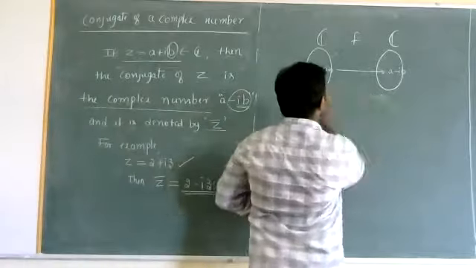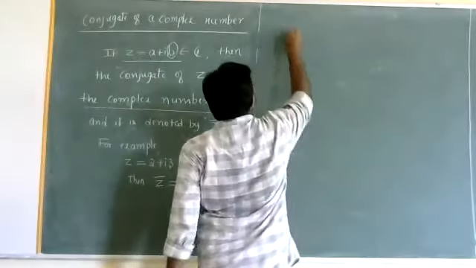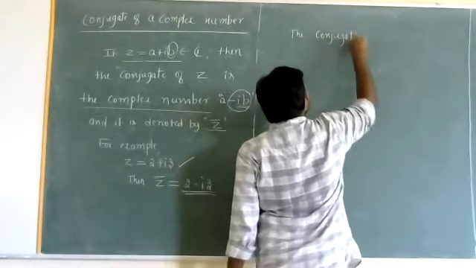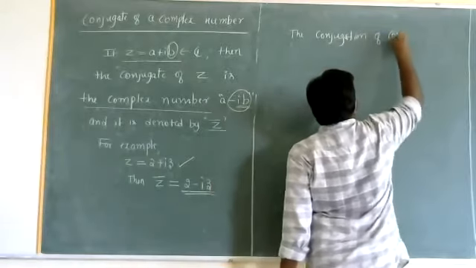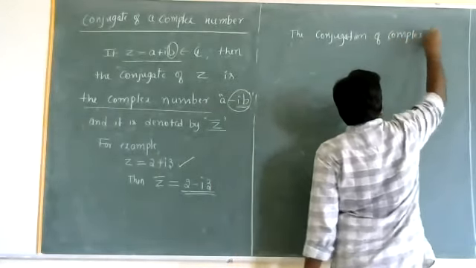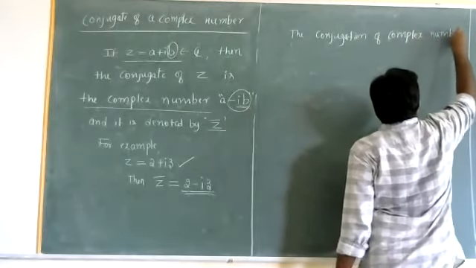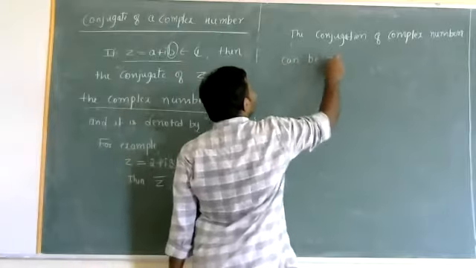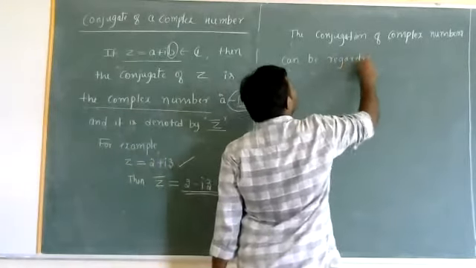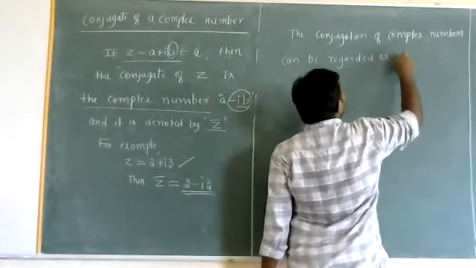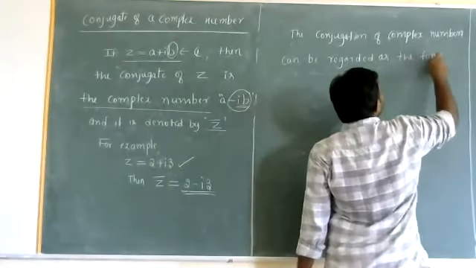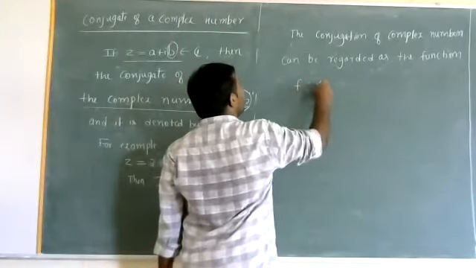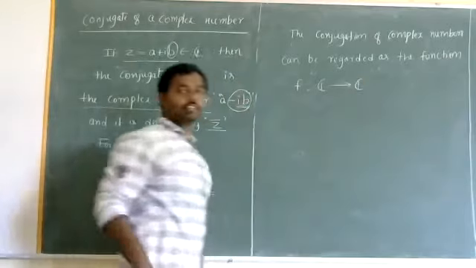Right? What is that function? So the conjugation of complex numbers can be regarded as the function f from C to itself, right?